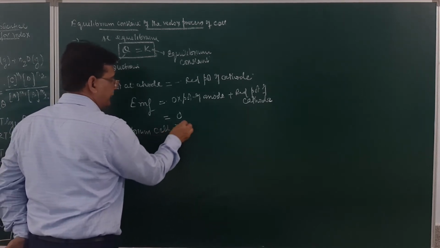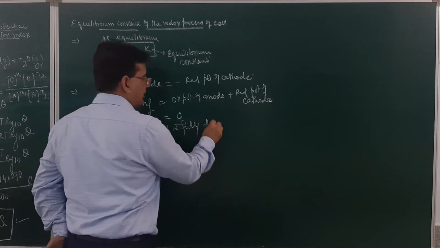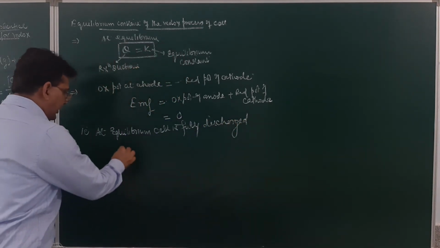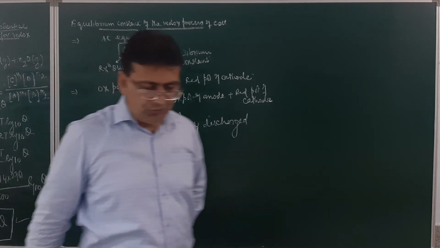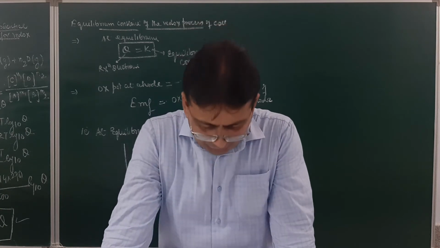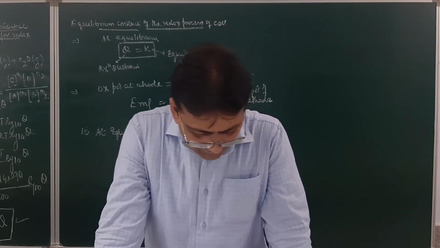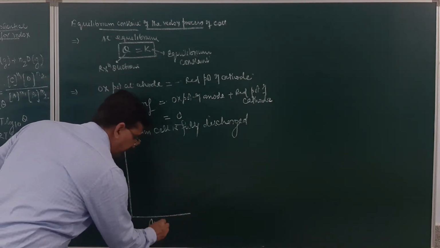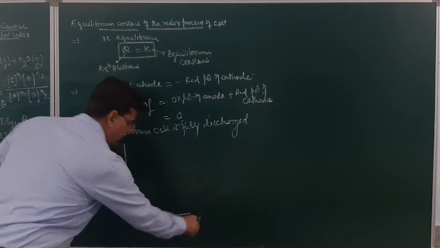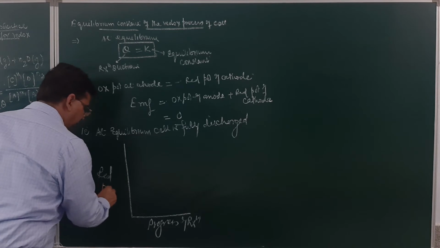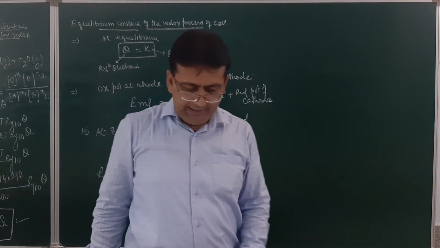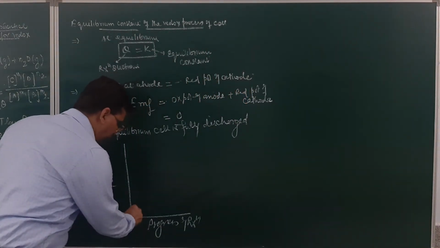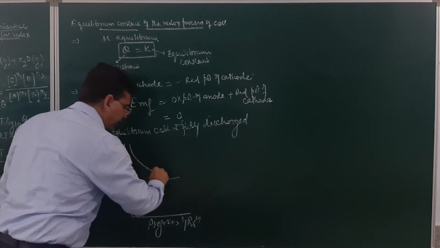If you plot a graph between the reduction potential and the progress of the reaction, as we proceed ahead in the reaction, we will have this as our oxidation half reaction and this as a reduction half reaction.